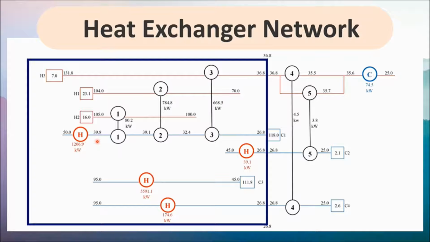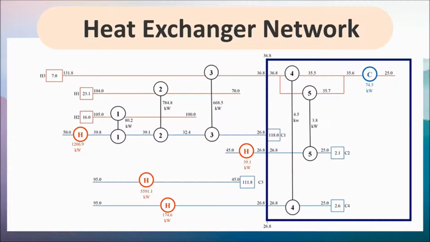The goal temperature is 50, so we use hot utility to heat it up. C3 starts at 45 degrees Celsius. We also use hot utility to heat it up to 95 degrees Celsius. And the last cold stream is C4. We use hot utility, and its final temperature is 95.